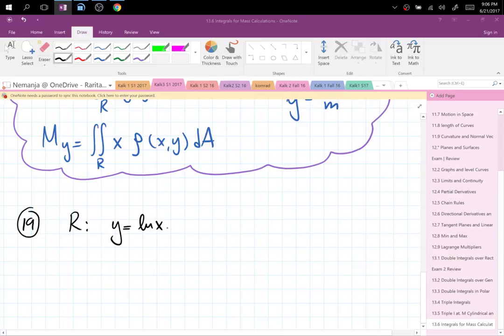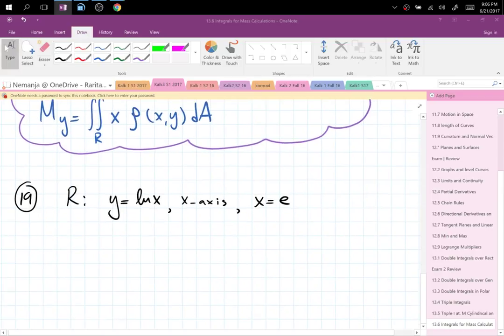It's also bounded by the x-axis. And it's also bounded by the x equals e line. I like to draw this so I can set up integrals. You have to have a drawing so that you can do the shapes. So I know how ln looks like. x equals e.